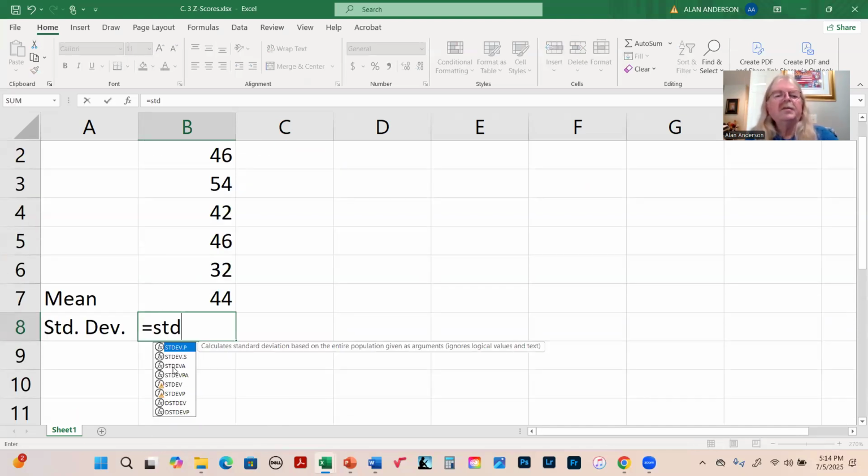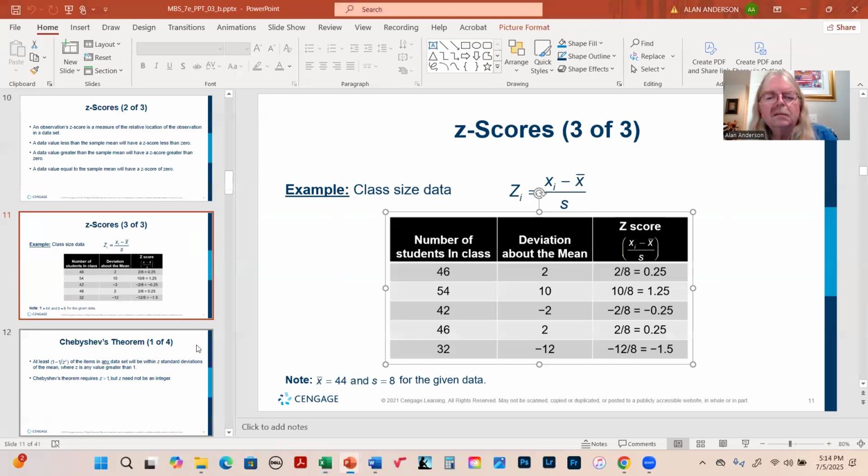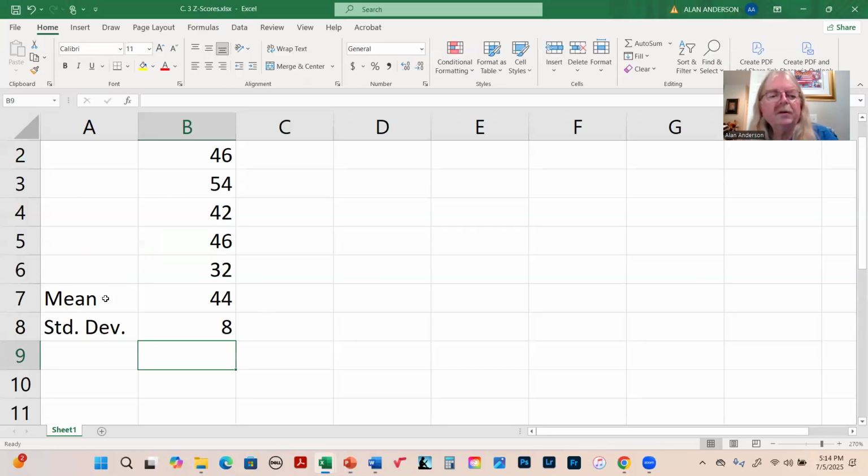And the standard deviation, remember, is stdev.s. Oh, yeah. Okay. 44 and 8. Beautiful.